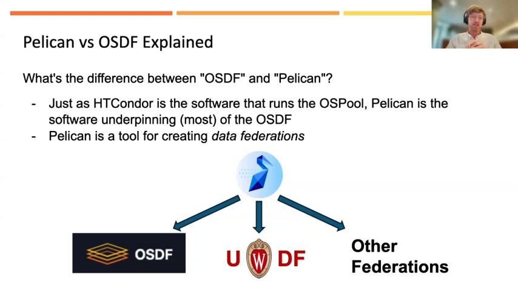Just like HTCondor is the software that allows us to glue all of these distributed computing clusters together, and we call that cluster of computers the OSPool, the OSDF is a cluster of data services that are glued together by Pelican. We now have one other federation aside from the OSDF, and that's the University of Wisconsin Data Federation. And in theory, you could walk away from this training today and maybe set up your own data federation to do some interesting things.